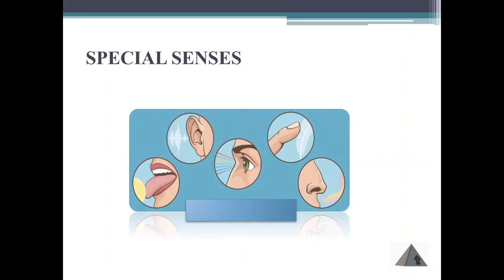And here is the special senses picture showing all the special senses. This is the general sensation. If we categorize the senses into two types, there are general sensations and special senses. General sensations like touch, pain, pressure, vibration, and temperature come under general sensations.